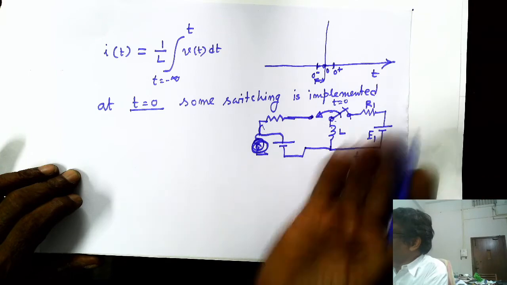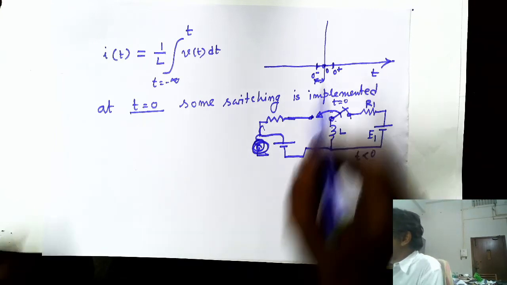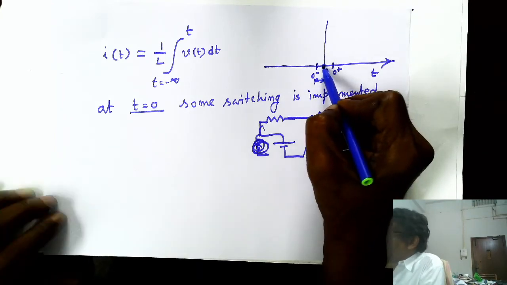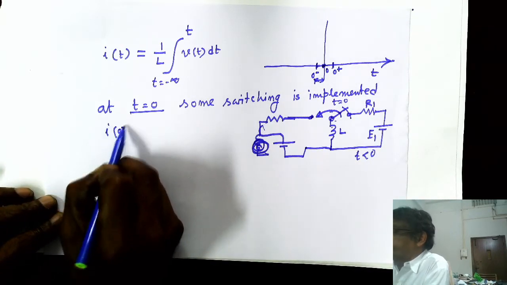So this is what I am telling: when you do some switching involving an inductor at t equal to 0, maybe at t less than 0 it was part of another circuit from where it might have inherited some current. That is, at t equal to 0 I will be doing the switching, but maybe there exists I(0 minus).